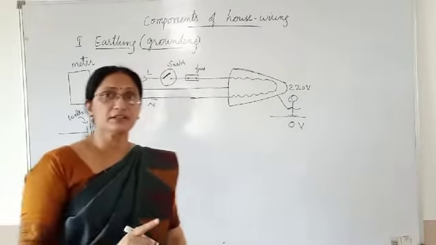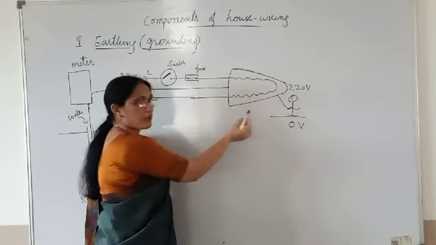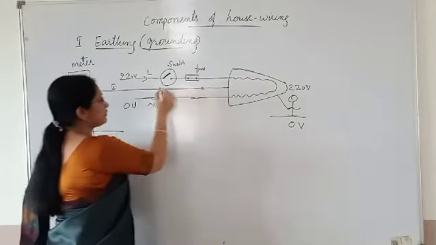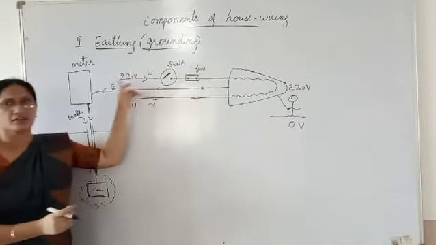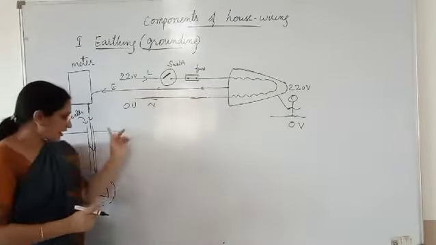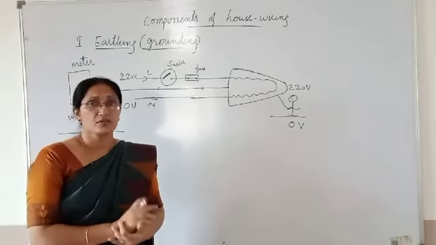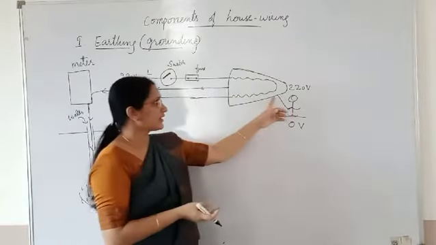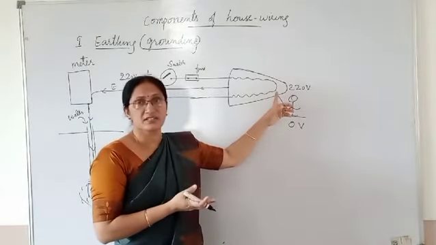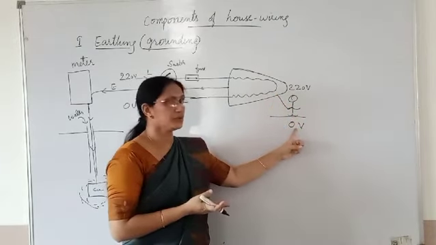But if earthing is done, whenever current enters the body of the appliance, that current will flow to earth through the earthing connection. So two options are there. If the user touches the body of the appliance, current can flow through his body to the earth.